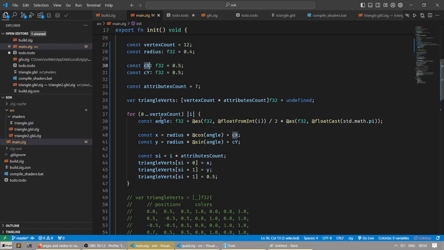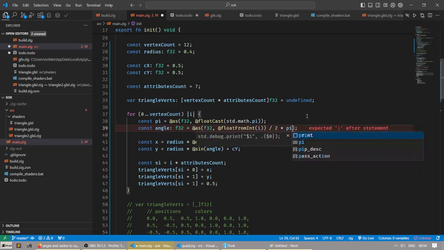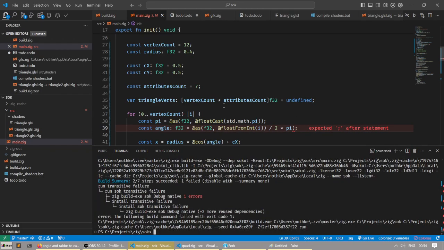So, okay, this works, but oh my god, look at this mess. Yeah, let's put the pi into a separate, let's just cast it to F32. But here's the thing, wait a minute, did I forget?